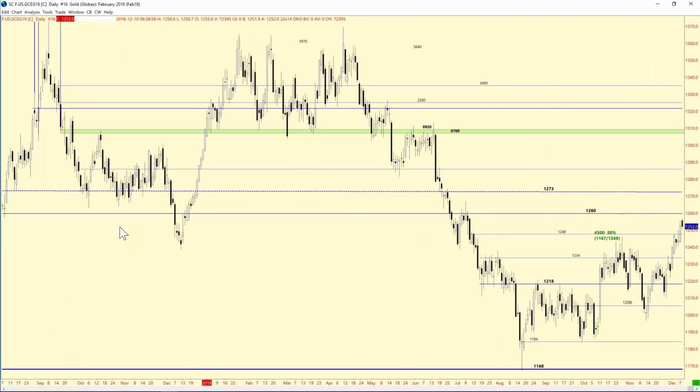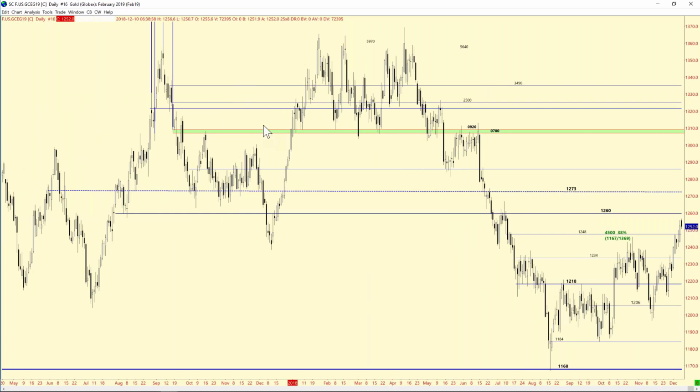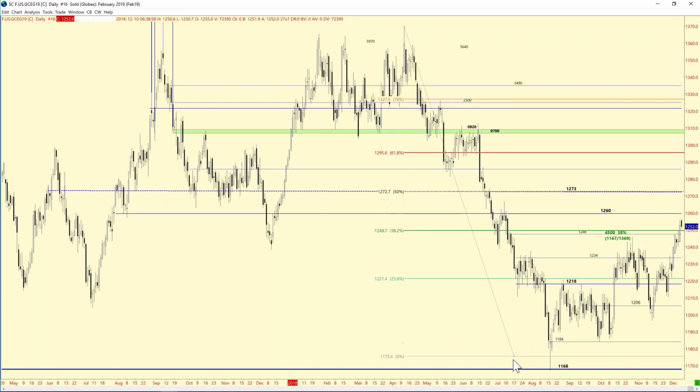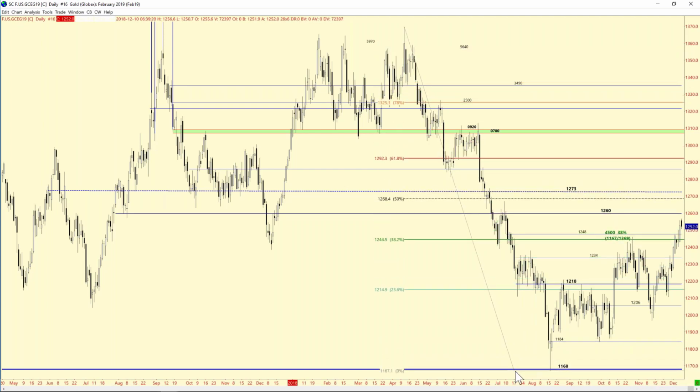So let's break it down and go over this. It certainly looks like it's making this run to 1260. Now, when we do a fib, you can see the 50% coming in at 1268.